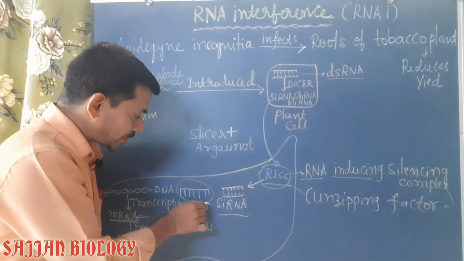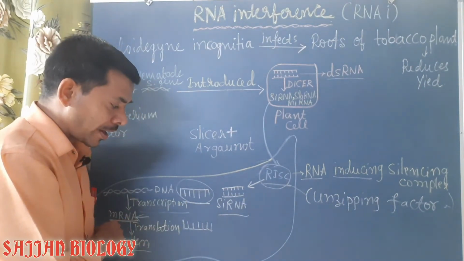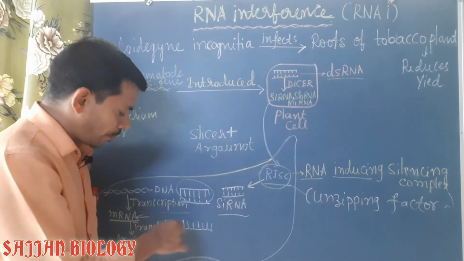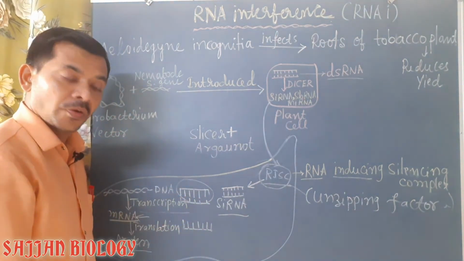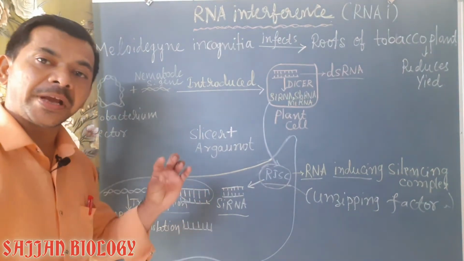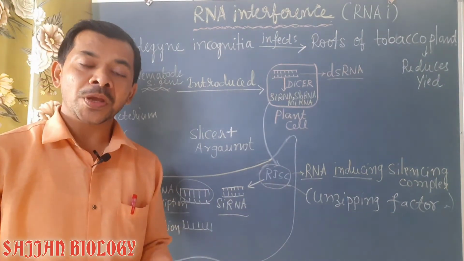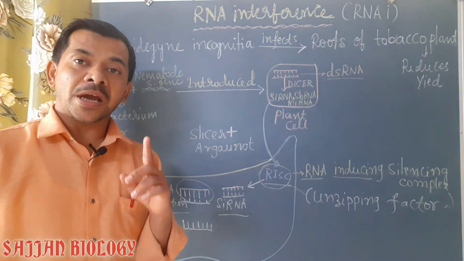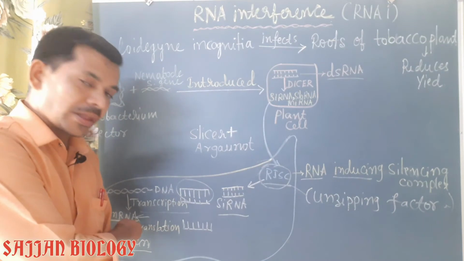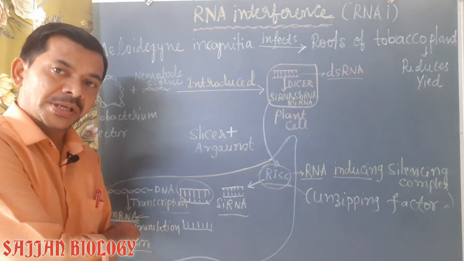When it finds the mRNA in the nematode, it becomes complementary to this mRNA. When the mRNA gets the complementary strand, it becomes double stranded RNA.